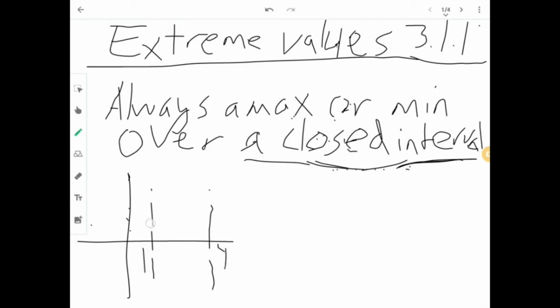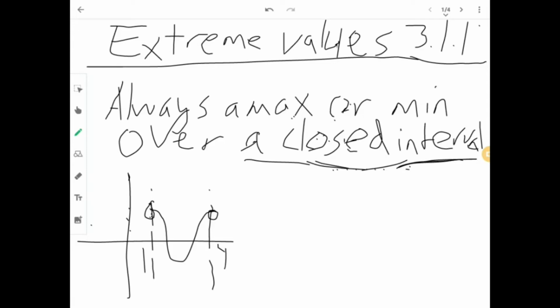Now, if you have an open interval where these are empty endpoints, and you have this function, as you can see, the max values are supposed to be for this interval at the endpoints, but since they don't exist, this function is not even said to have a max value for this interval. So that's why it's important that it be closed.